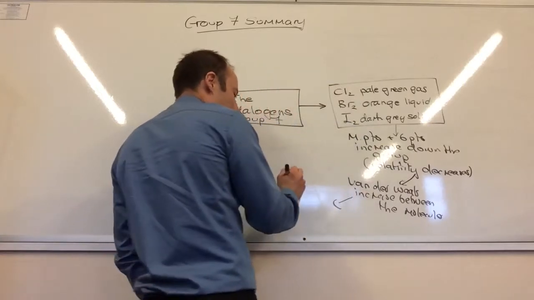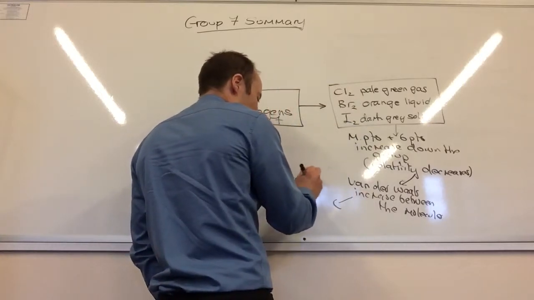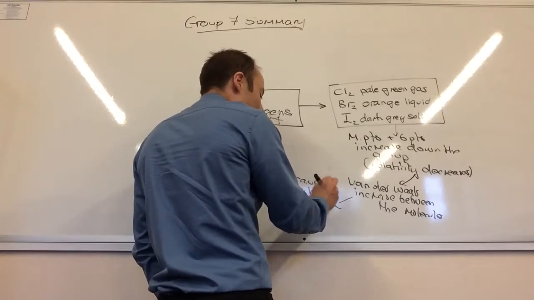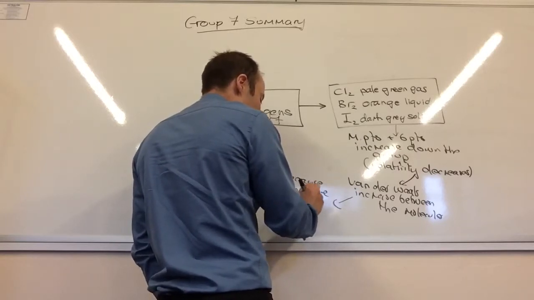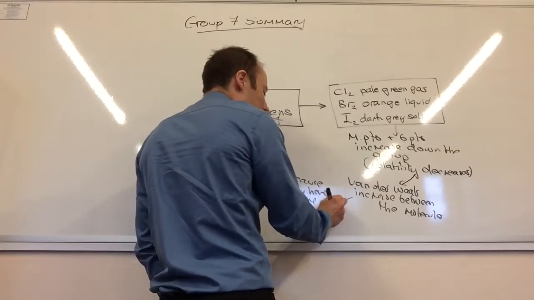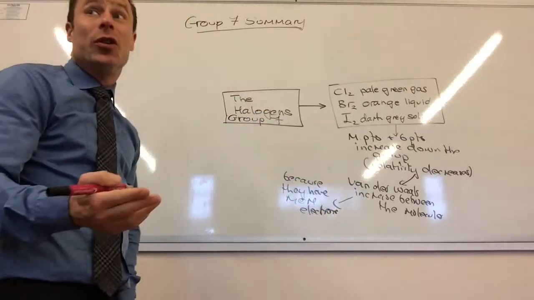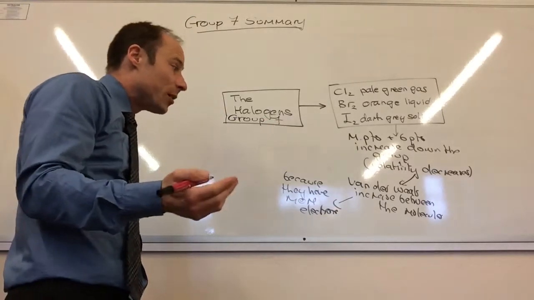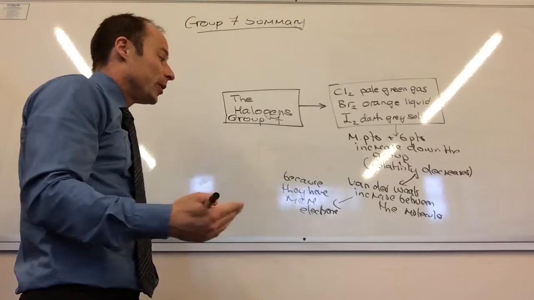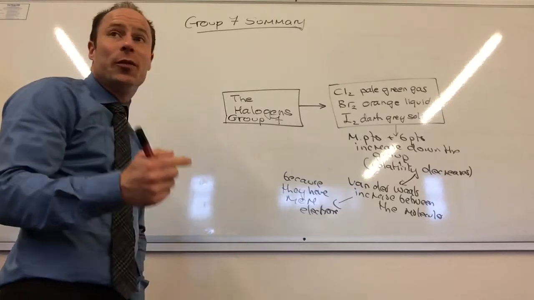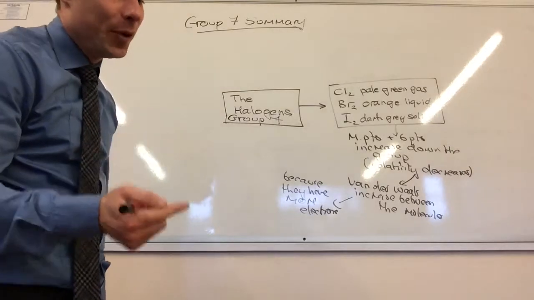It's because they have more electrons. Remember with van der Waals bonding, the more electrons you've got, the larger the instantaneous dipole, the more of them that you have occurring. So that's the argument for melting and boiling points.